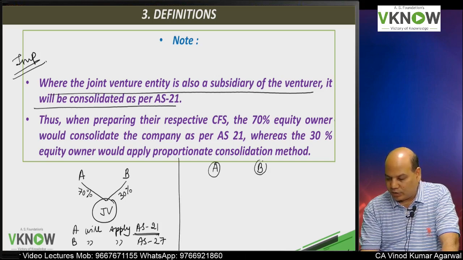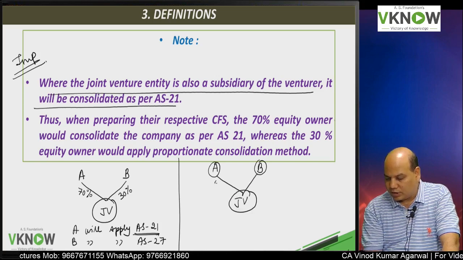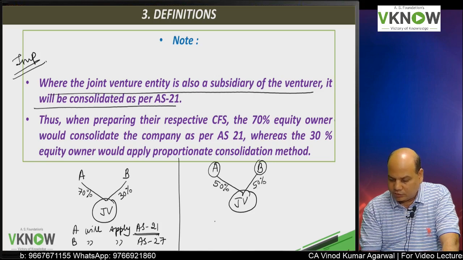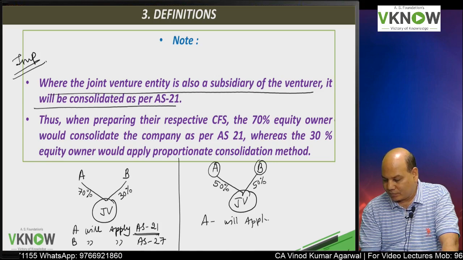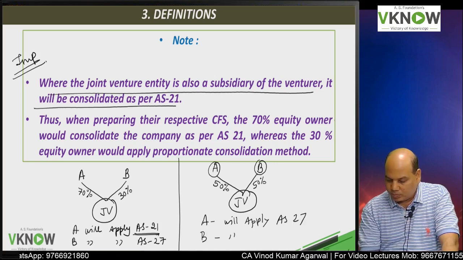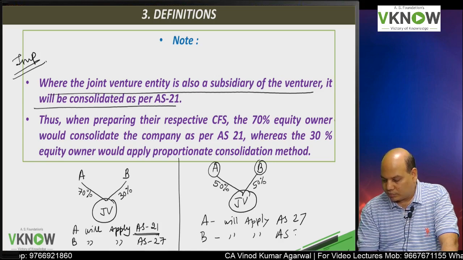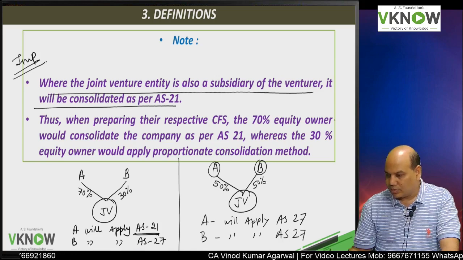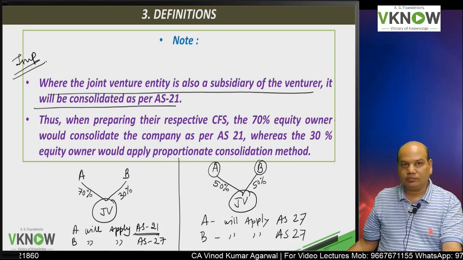A and B are two venturers. They have invested in both. They have invested 50% each. So here A will apply AS27, B will also apply AS27.